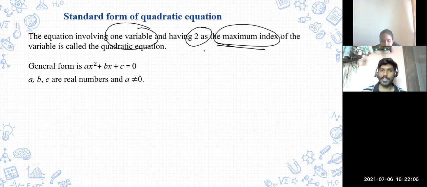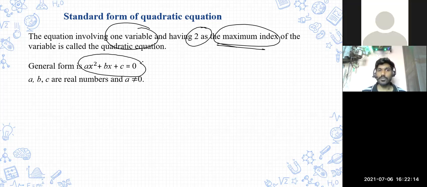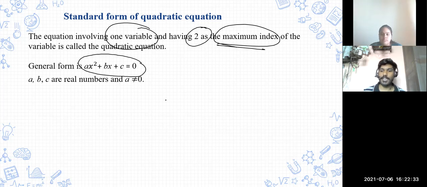Second, remember the general form, also called a standard form, one and the same thing. Some places they may use the word standard form, some places they may use the word general form. So you should note that both are the same. The general form or standard form of a quadratic equation is ax square plus bx plus c is equal to 0, and a, b, c are real numbers, and just that a is not equal to 0.